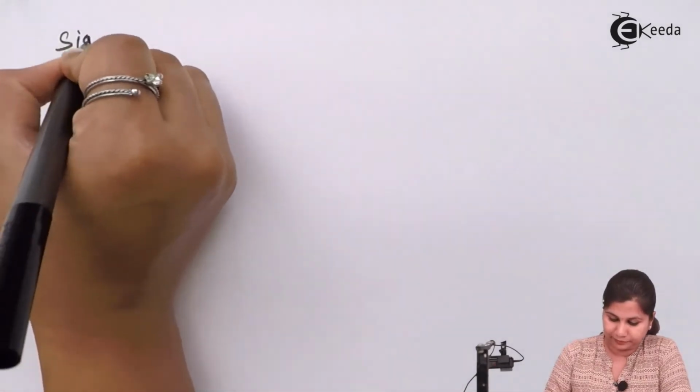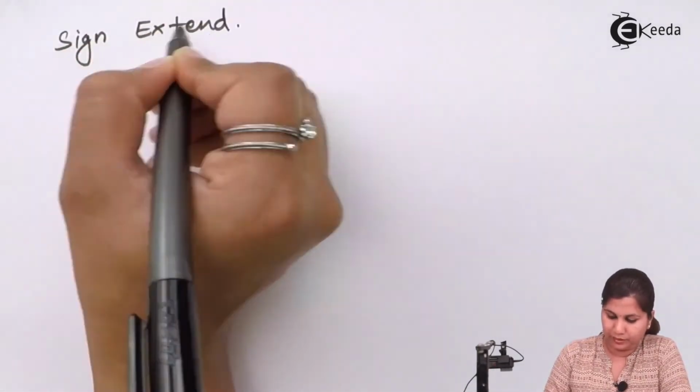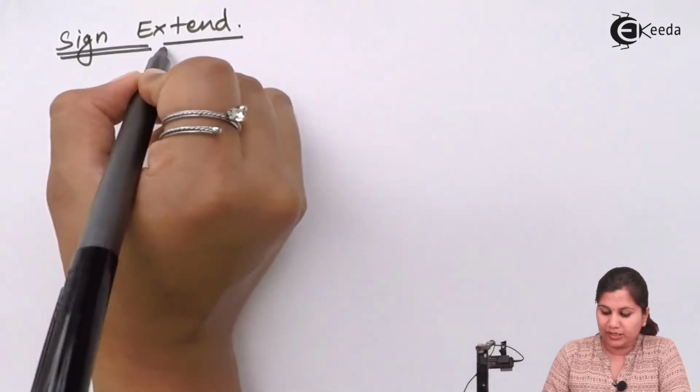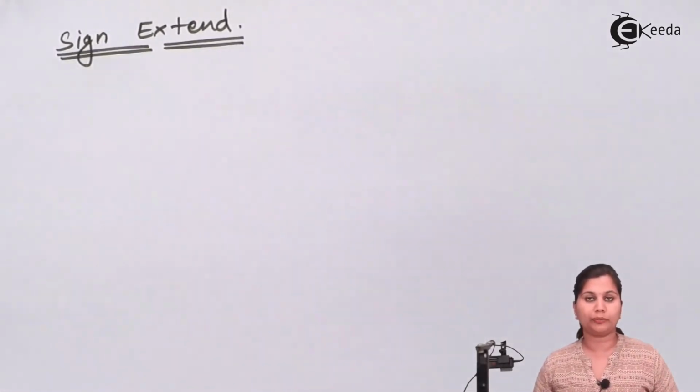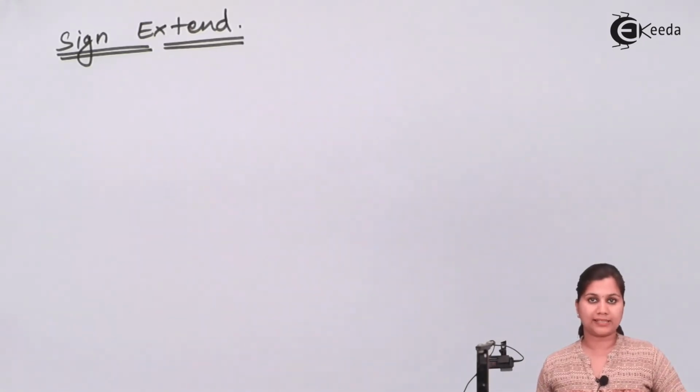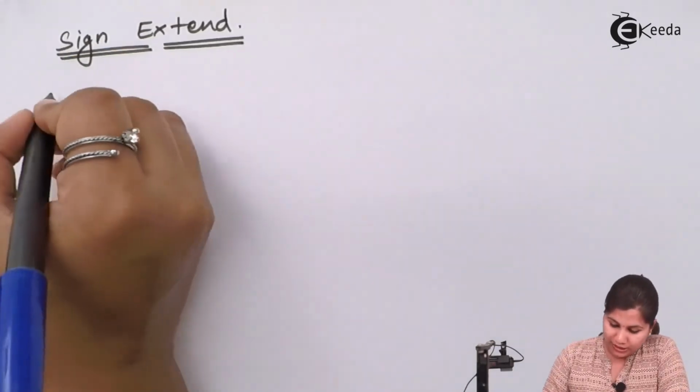Next component is the sign extend. Now, in the processor, sometimes it is required that operations are performed with signed numbers. Okay, positive and negative numbers are there, and on those numbers, the operations are to be performed. So, sign extend.